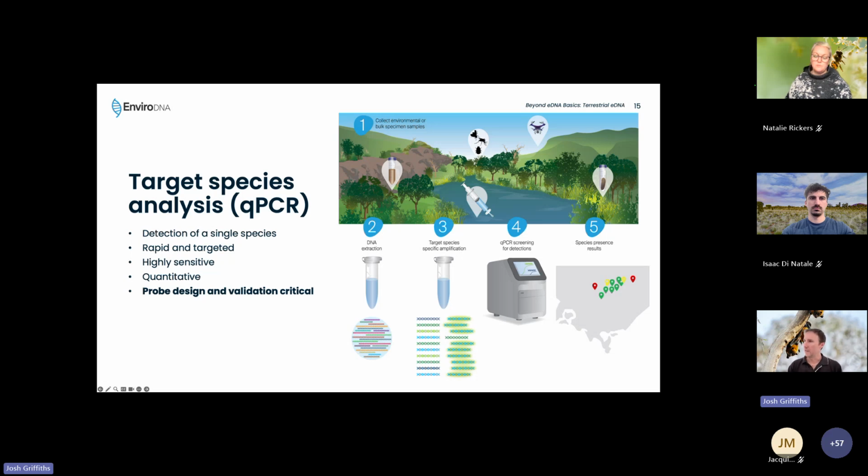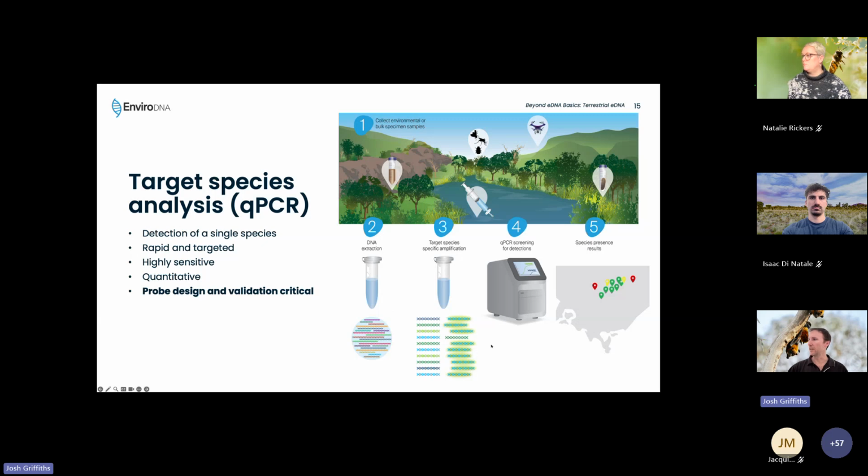So, a quick example of how the qPCR assay works. We go out and collect our sample in the field, our environmental sample, whether that's water or soil or air, whatever that might be. When that comes into the lab, it goes through a DNA extraction and purification process. And within that sample, we're going to have a range of DNA from all kinds of different organisms. We then apply our species-specific qPCR probe, which will only bind to its matching bit of DNA.